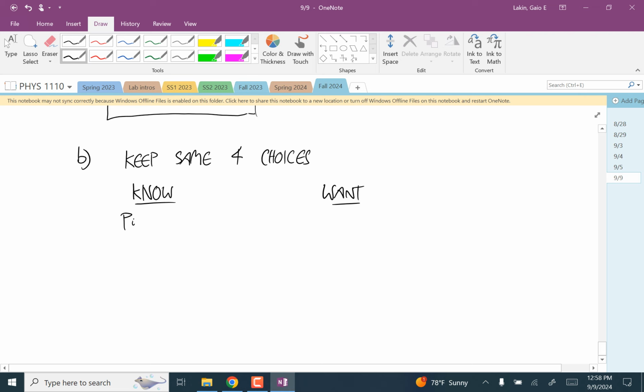Initial position is equal to 0. Final position is equal to 60 meters. Initial velocity is positive 40 meters per second. Final velocity is 0 meters per second. And the acceleration is negative 13.3 repeating meters per second squared. And the thing we're trying to find is time final.